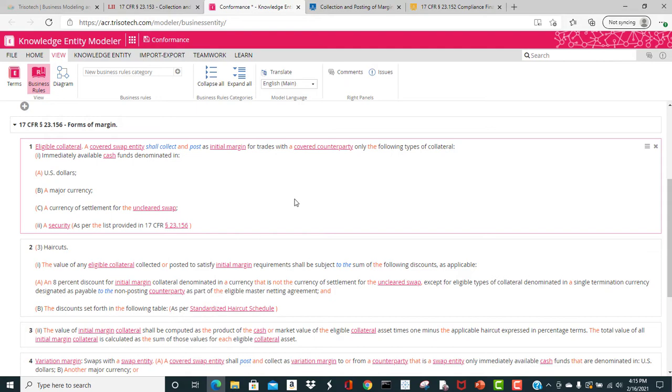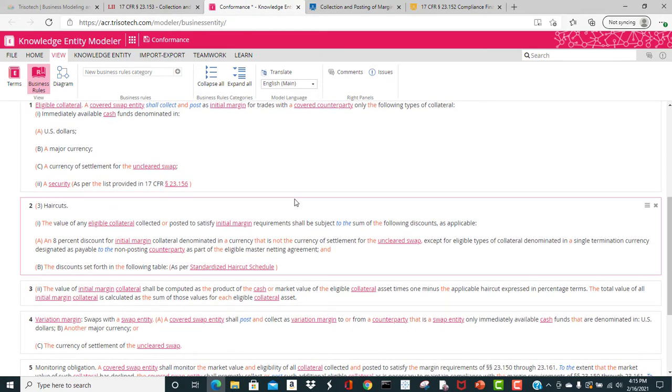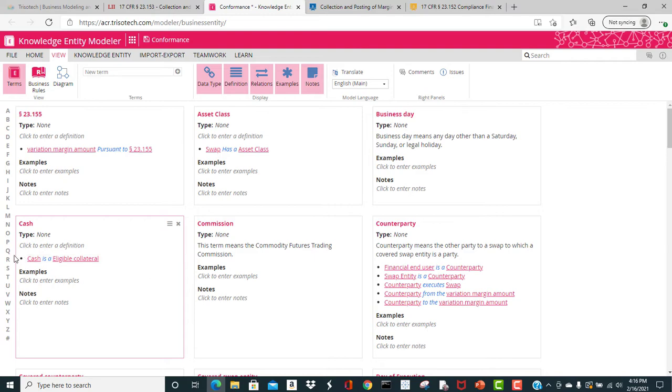And once we've submitted that, it needs to go through a haircut process, right, which is a computation that includes an 8% discount if you're submitting the collateral in a currency that is not the currency of settlement for the uncleared swap, and an additional discount according to this standardized haircut schedule. Let's look at that haircut schedule in terms.